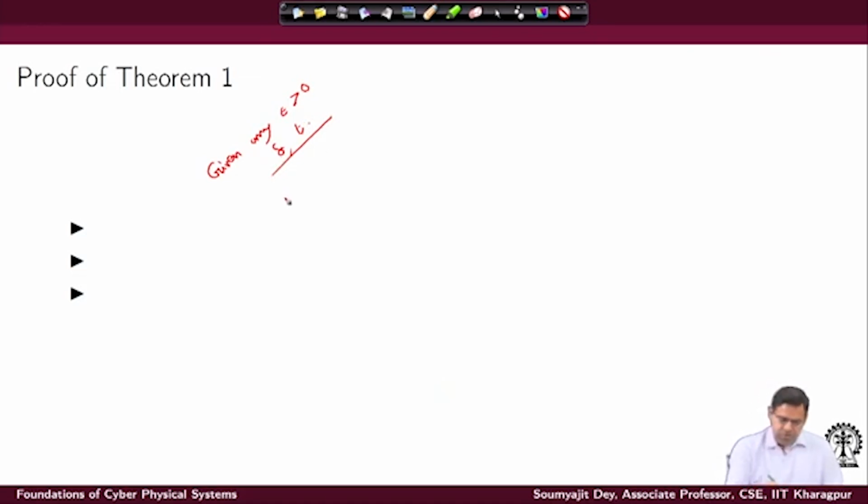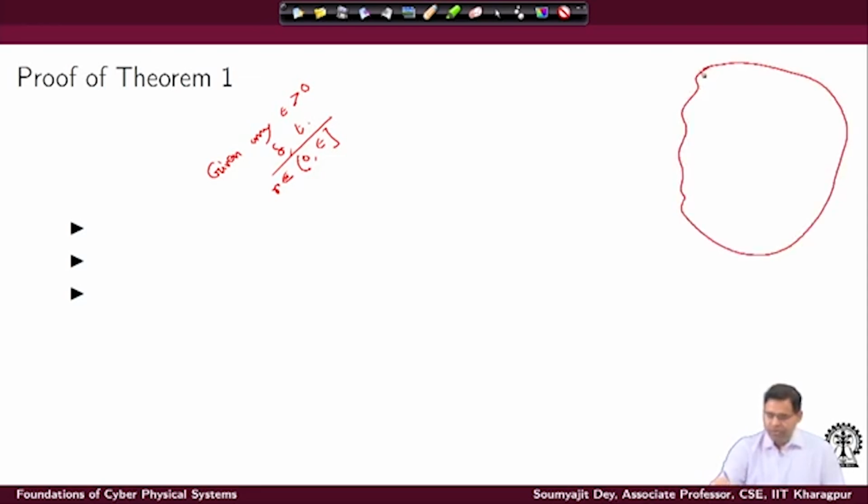So, what we do is, first we will choose a smaller value r, which is basically something smaller than epsilon, but greater than 0, of course. And with this, let us say this is my domain of definition.